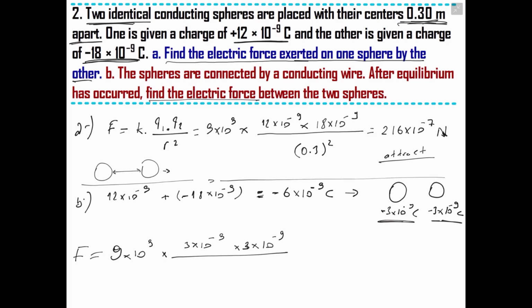R is the same because R does not change, 0.3 squared. So it will be 9 times 10 to negative 7 Newton force between them. But now they are both charged negatively, so the force between them will be a repulsive force.